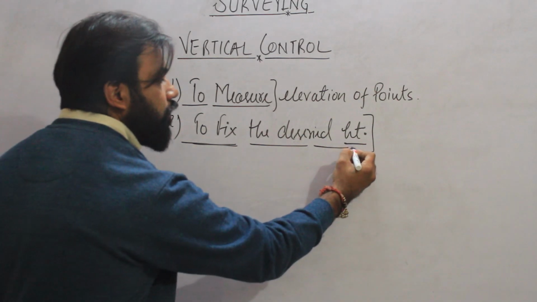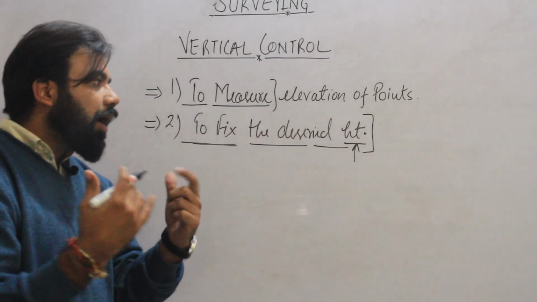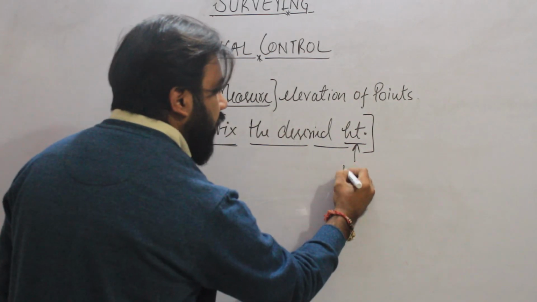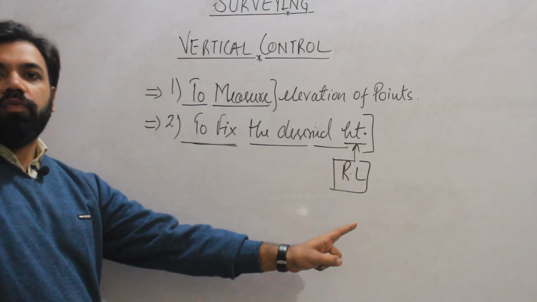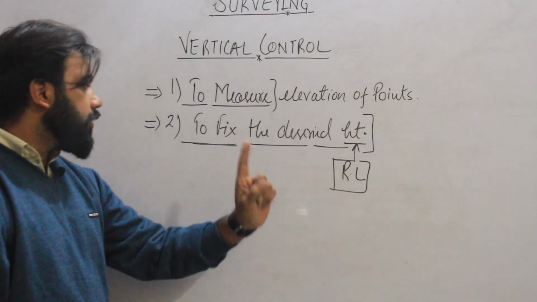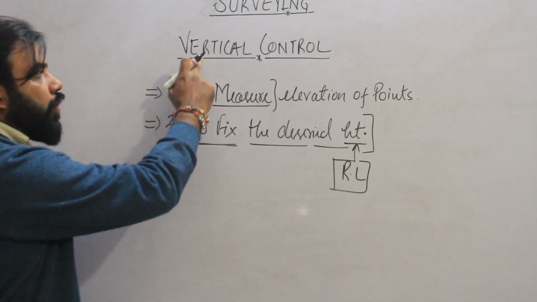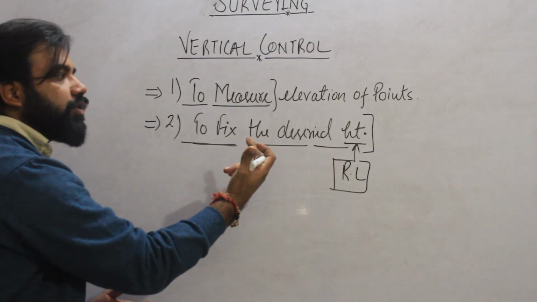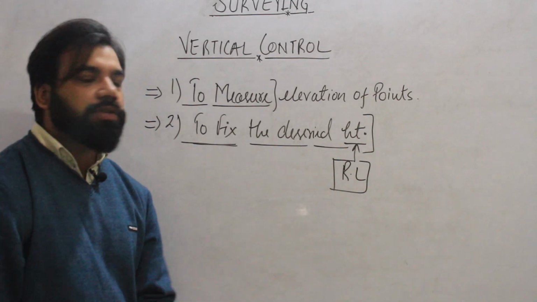Here we are using the word height. Later on we will see another word related to surveying, that is known as RL. We will see what RL is later on. So first we have to understand what is vertical control. In vertical control, first is to measure the elevation of points, second is to fix the desired height of points.